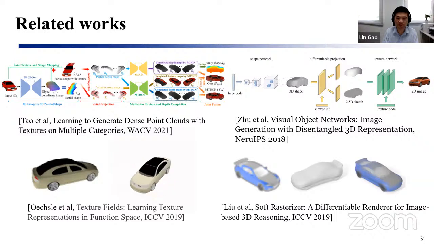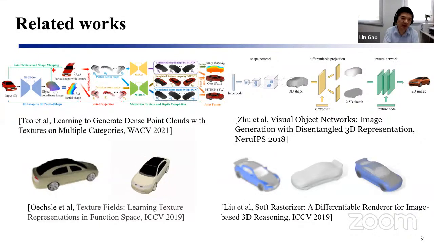So this is one way, but we should think about this because the point is sparse. Although the points have color, the whole model is not smooth and not compact. So it's not an easy way to generate a 3D model with very high visual quality.